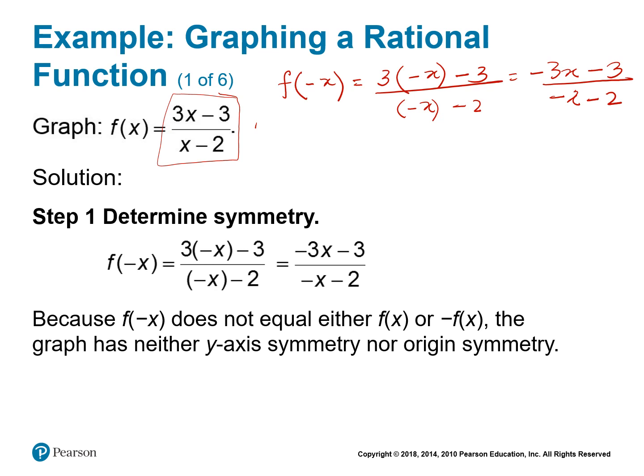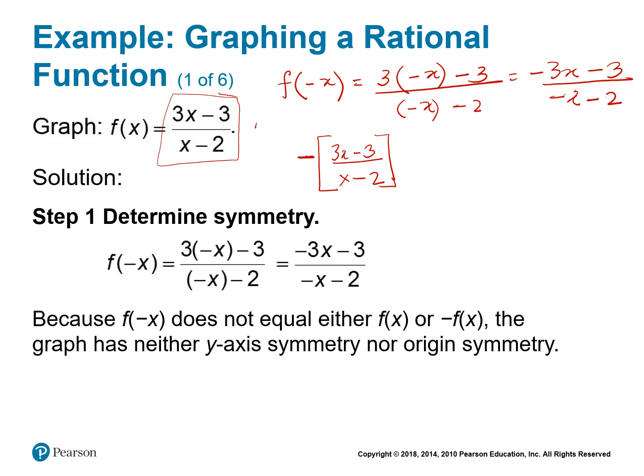For it to be an odd function, it should be the negative of 3x minus 3 divided by x minus 2. In other words, all the signs must change in order for it to be an odd function.